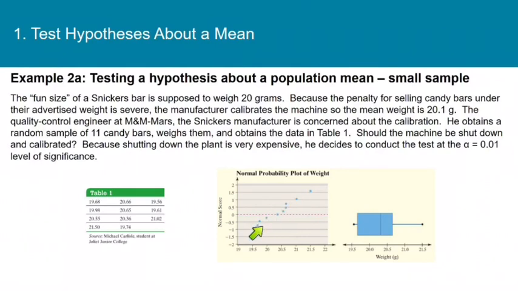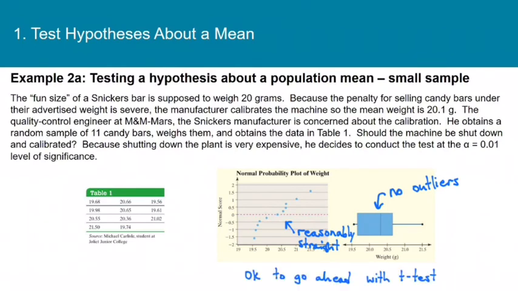Remember, the t-distribution is robust, which means it can handle small departures from normality. So we have no outliers in our sample, and this normal probability plot shows that the population is most likely somewhat normally distributed. So it's okay for us to go ahead with our t-test.